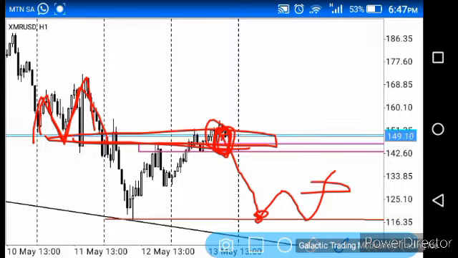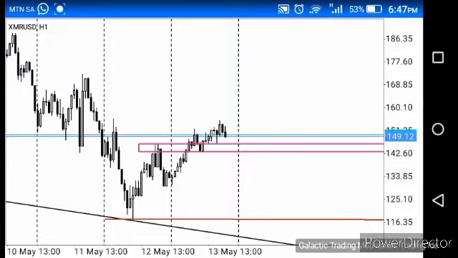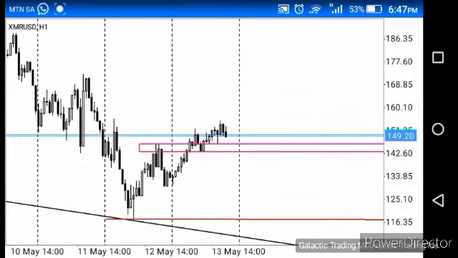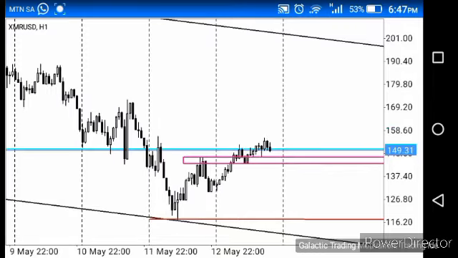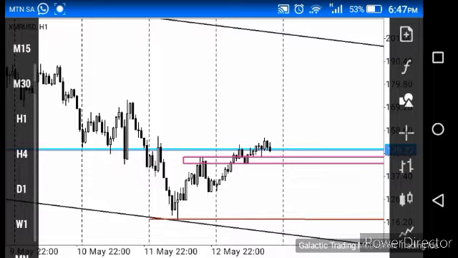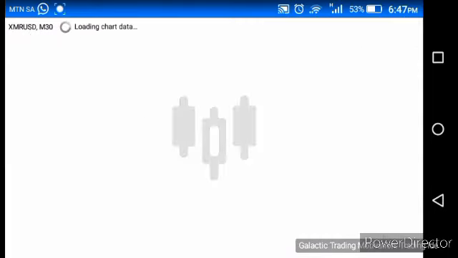Then we come back to retest the neckline and then head up again, right? That's what I see happening. So at this point in time, I would not do anything. But from here, I'm just going to go on to the M30 chart to see what's happening.